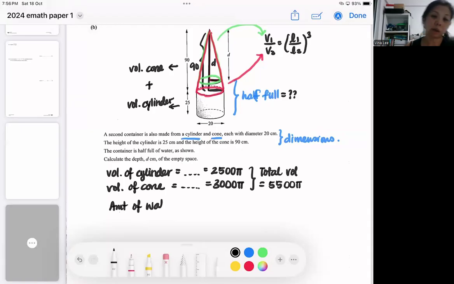So you need to label your working very carefully. Ultimately, don't lose focus. You are supposed to find the volume V1, which is the volume of the empty space. And you need to find the volume of the bigger cone. So from here, the water will be half of it.